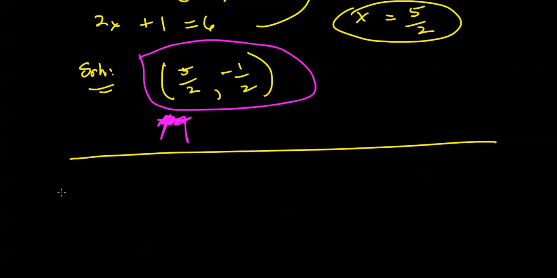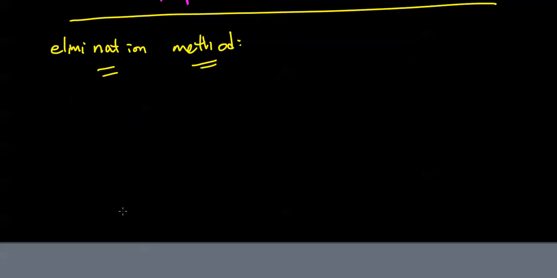Alright, so we've done two examples of the substitution method. Now let's talk about the elimination method. And which method you pick is part of the game, I suppose. Let's look at a system here.